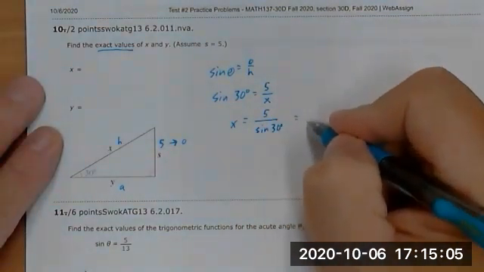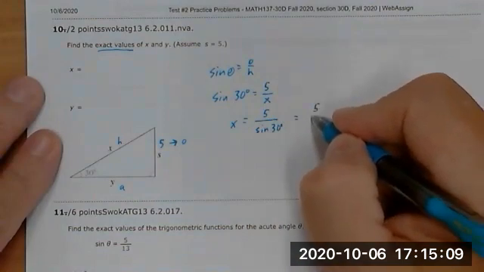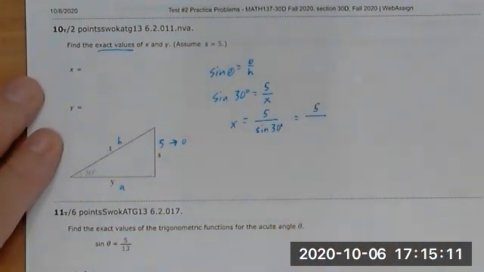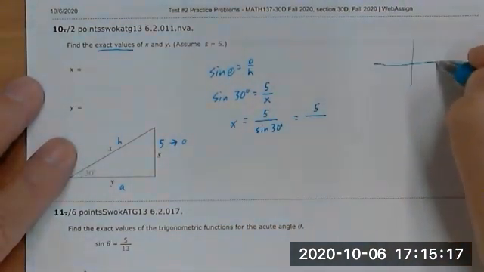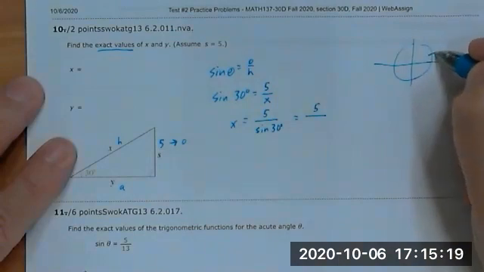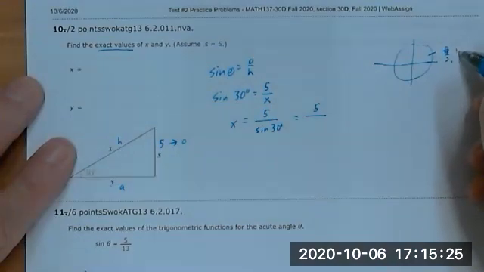Of course, since this is a special angle, I know this from my unit circle. I know the sine of 30 degrees, if you think of the unit circle, right? 30 degrees is right here. I know this right here is square root of 3 over 2, 1/2.